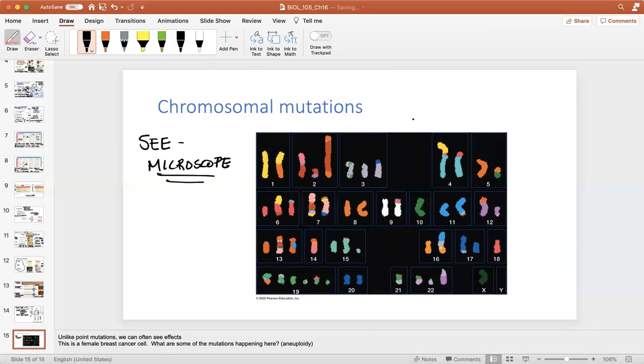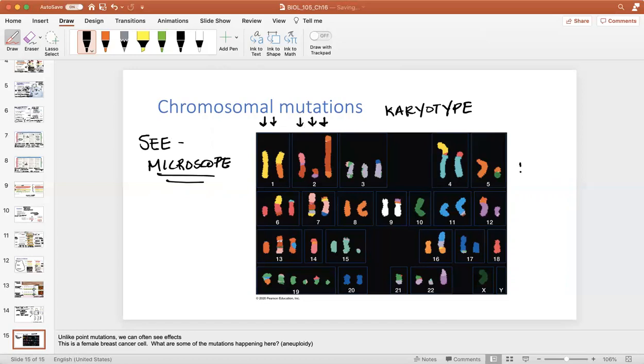So this is an example of a picture of chromosomes called a karyotype. Karyotypes are just images of chromosomes where we've taken a picture using a microscope, and then we line up homologous chromosomes with each other to form these karyotype diagrams.